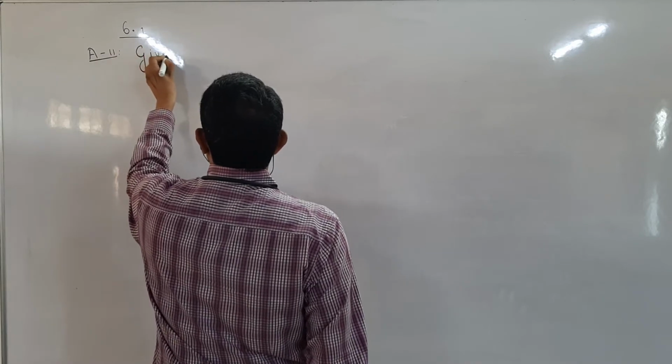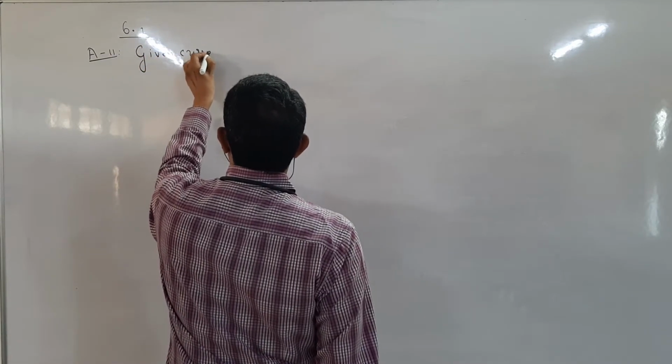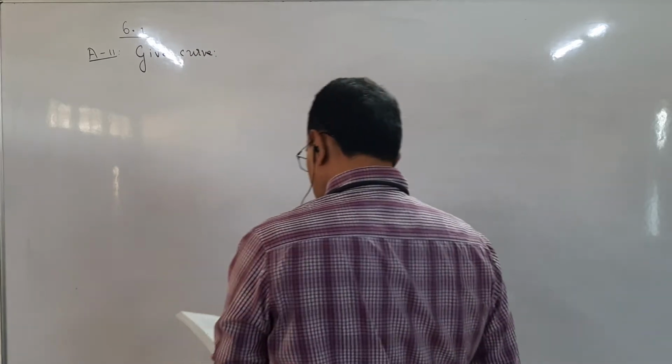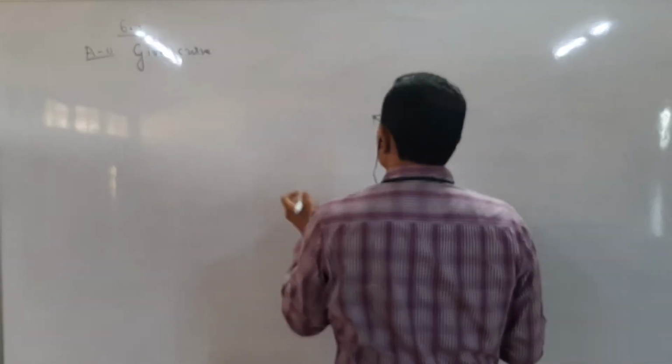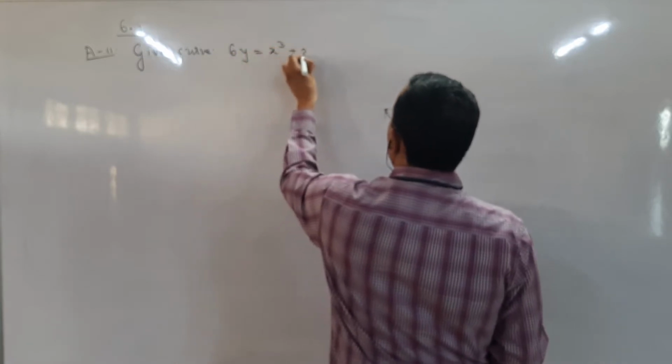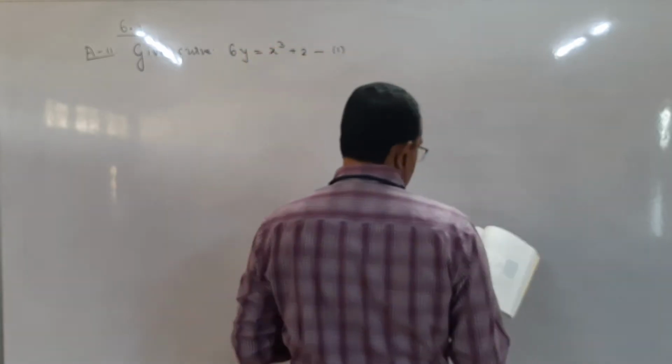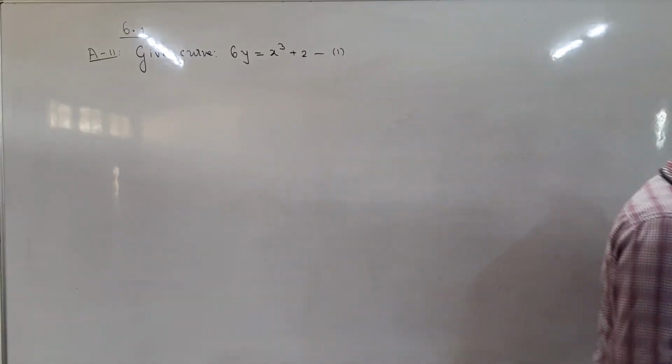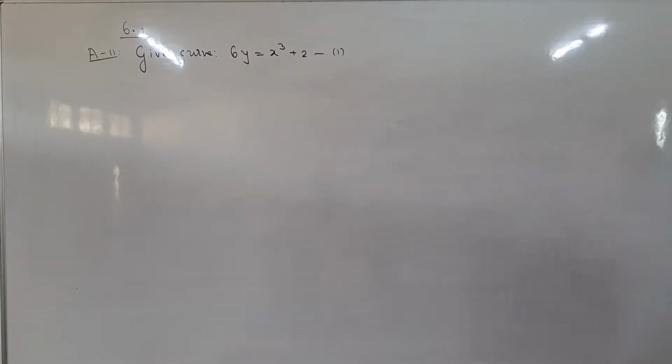Students, the given curve along which a particle moves is 6y = x^3 + 2. Call this equation 1. Find the points on the curve at which the y coordinate is changing 8 times as fast as the x coordinate. We have to locate a point on this curve.